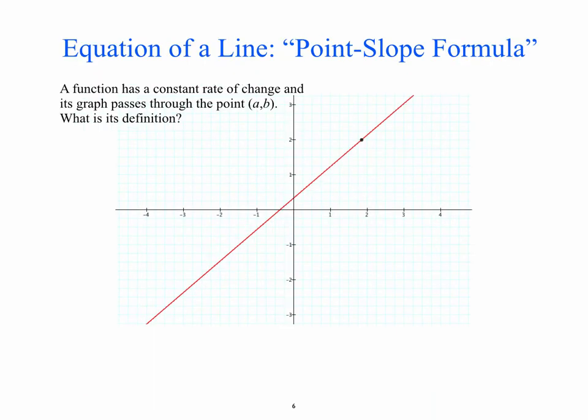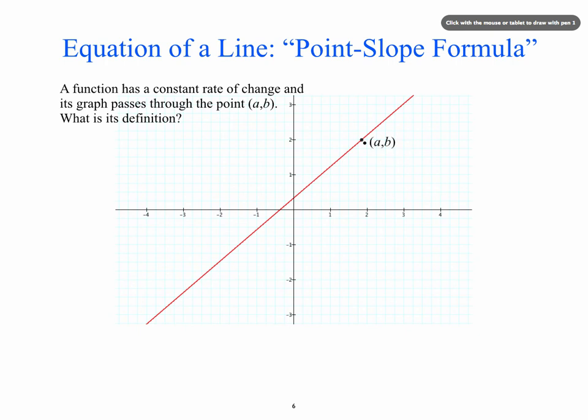Okay, so a function that has a constant rate of change that passes through a point AB. So in this picture, AB is the highlighted point. What if I want to get at its definition? Okay, so that's my goal at the moment. What do I need to know in order to give the definition of this function?